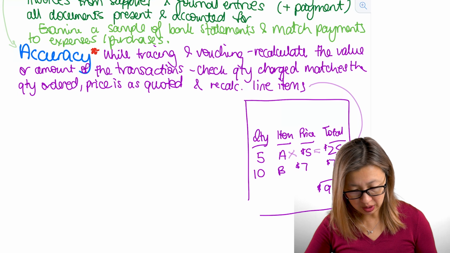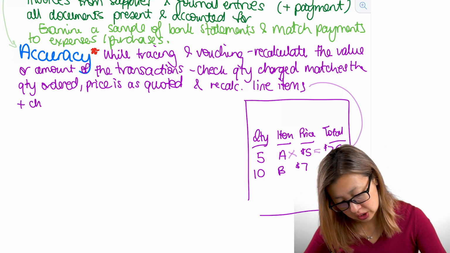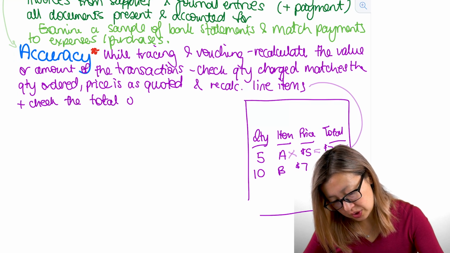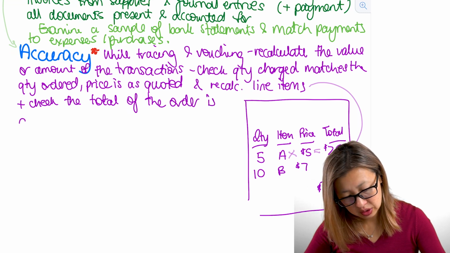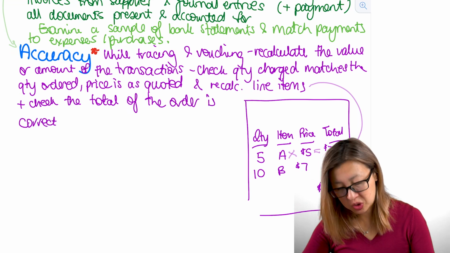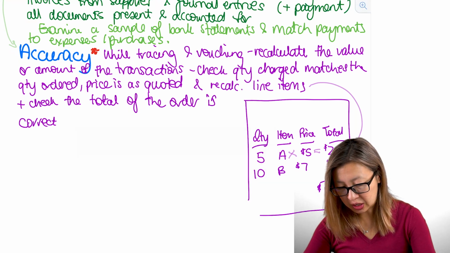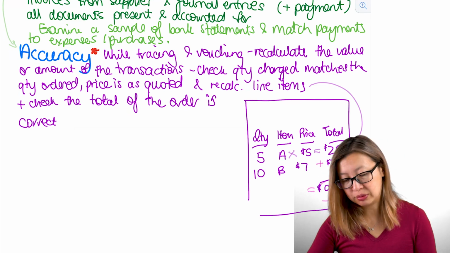So you're going to recalculate the line items and check the total of the order is correct. Okay, now when it comes to doing that total, I'm going to do this in a different highlight color here. You're going to go, okay, 25 plus 70, does that equal the 95?